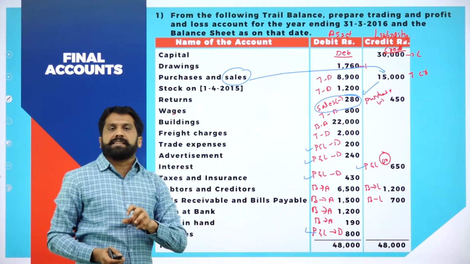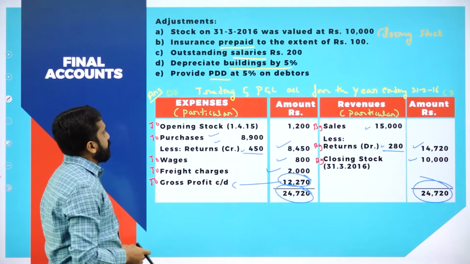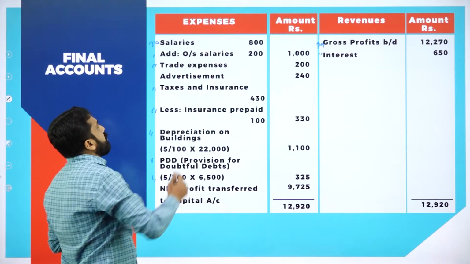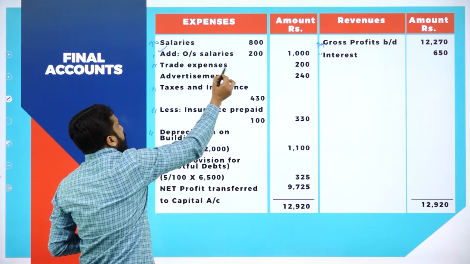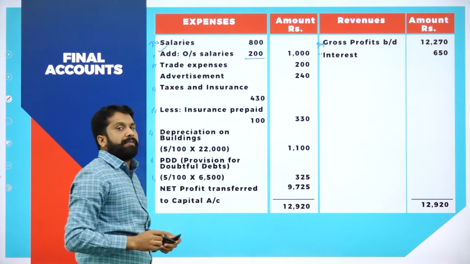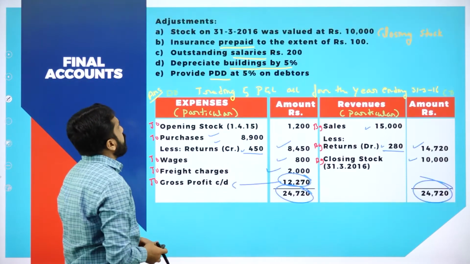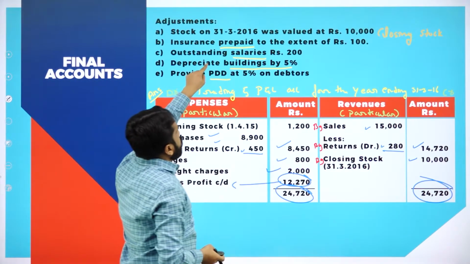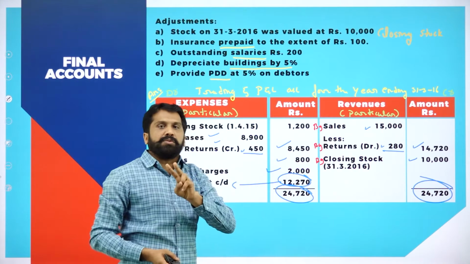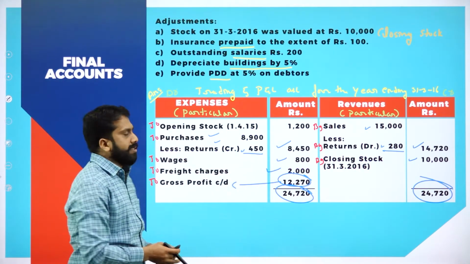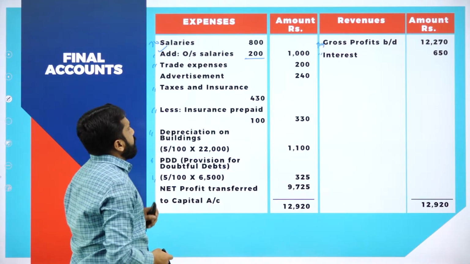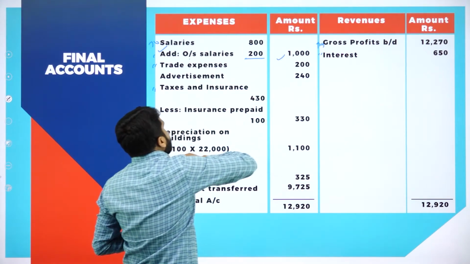Same thing only will consider under P&L account. Now, in this, you have salaries. We have added 200. Why you have added 200? Because in the adjustment, outstanding salary is 200. Add and consider. So, we have added, so it will be 1000.